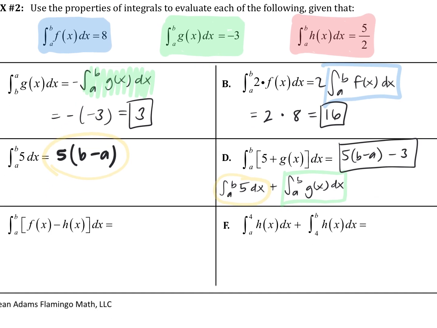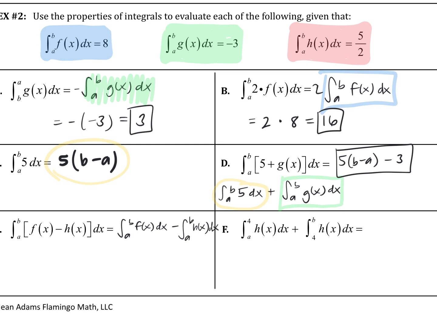Okay, letter E, I'm going to subtract. So I'm given the integral from a to b of f of x dx, and I'm going to subtract the integral from a to b of h of x. Now we know from a to b of f of x is equal to 8.